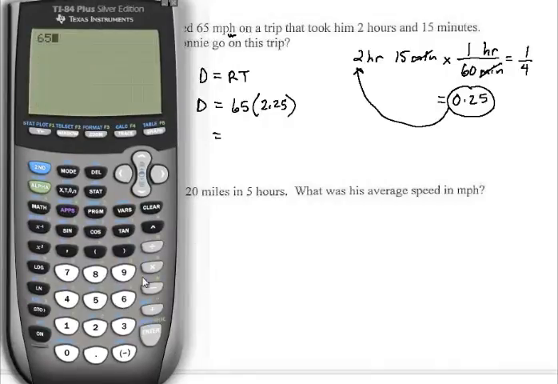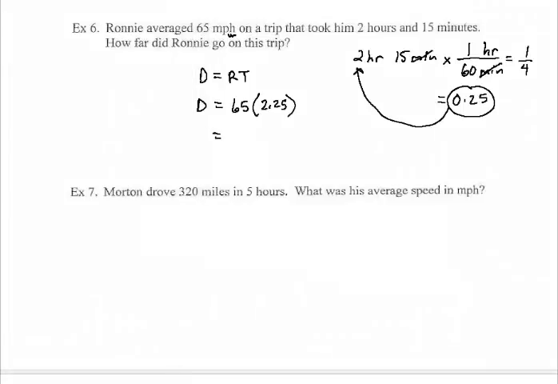We multiply 65 by 2.25. Enter. 146.25. Okay, and we're looking for a distance D, and the only units of distance that we read about in this problem were miles. So our distance would be 146.25 miles.